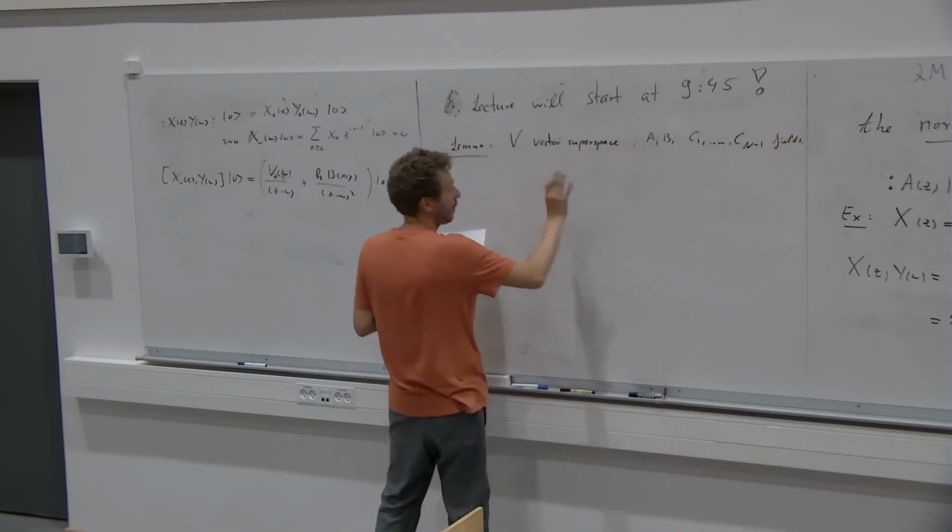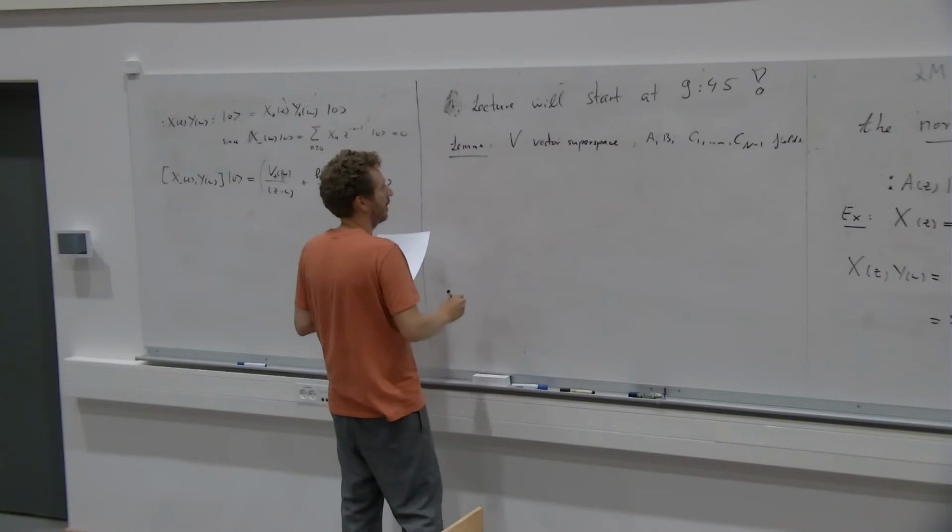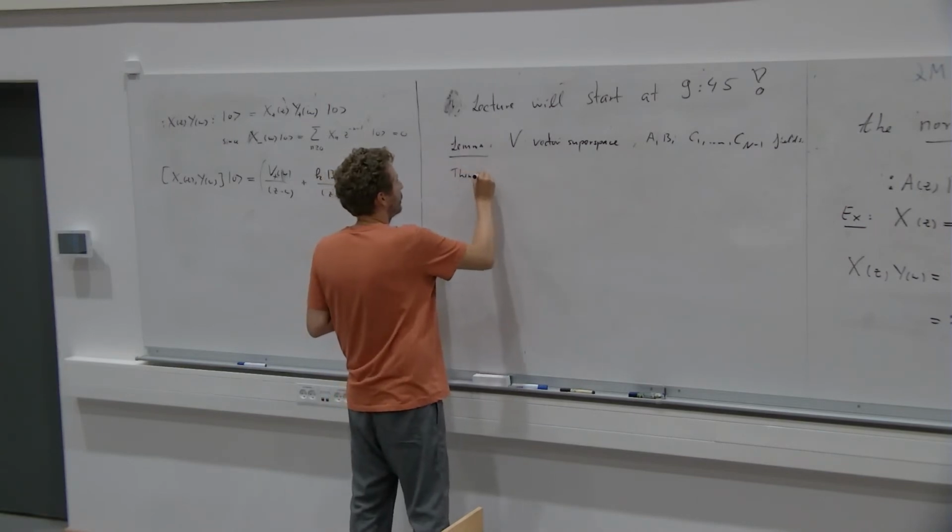I take a bunch of fields A, B, and C1 up to Cn minus 1, and then the two statements are equivalent.